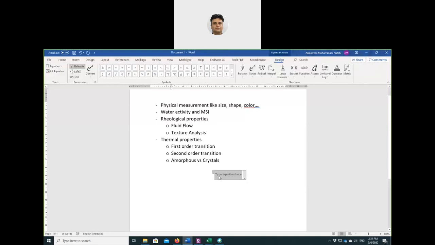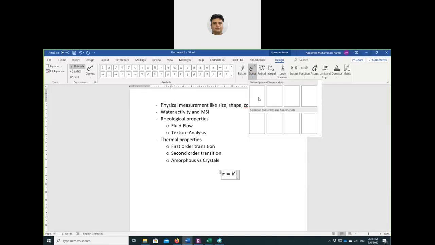Sigma, shear stress, equals a constant K times gamma dot, you remember gamma dot, to the power n. You remember this model?